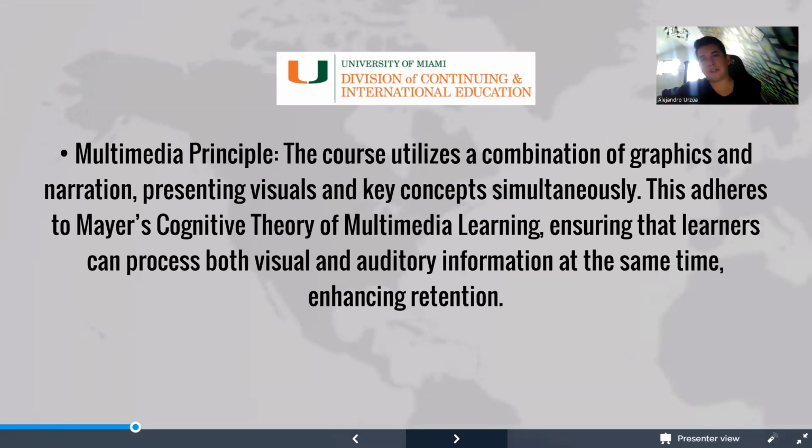This is basically what Mayer, in his cognitive theory of multimedia learning, says: we need to ensure that every learner is able to process both visual and auditory information at the same time, because this enhances retention, fosters different skills, and enables you to think.